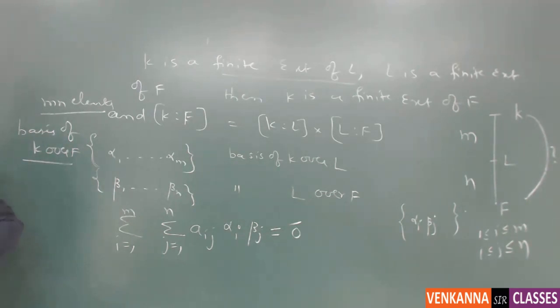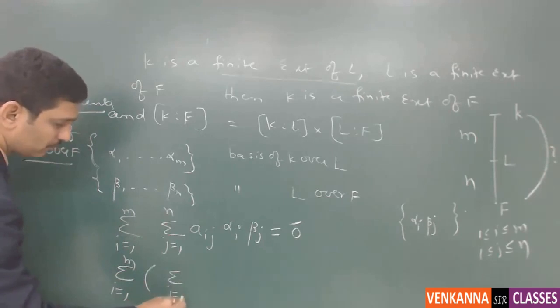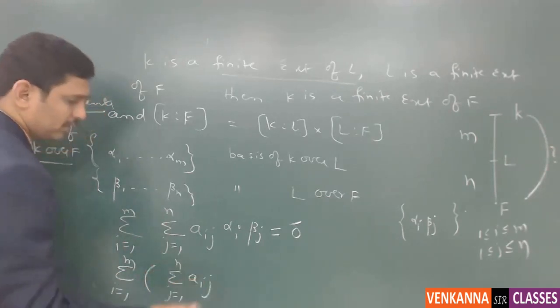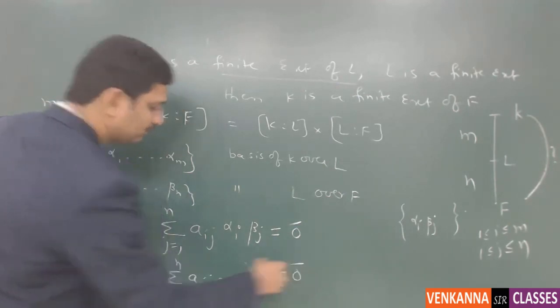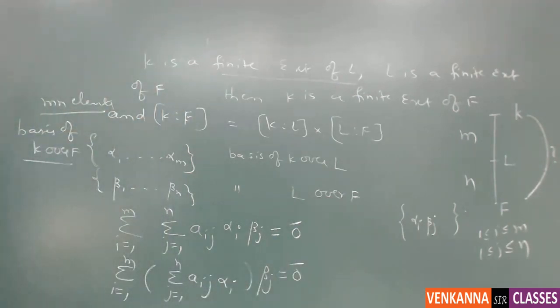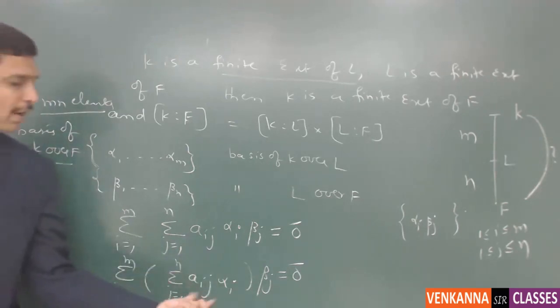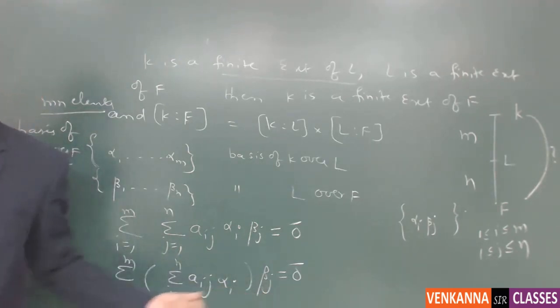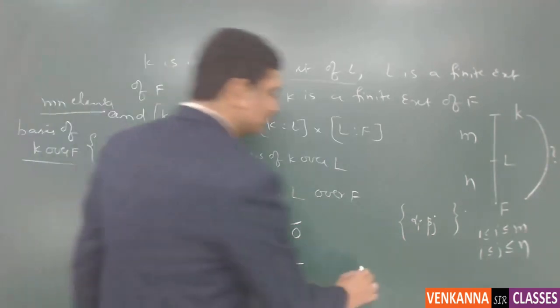Now this thing I can write as the summation of number into beta, so it is nothing but the linear combination of betas.